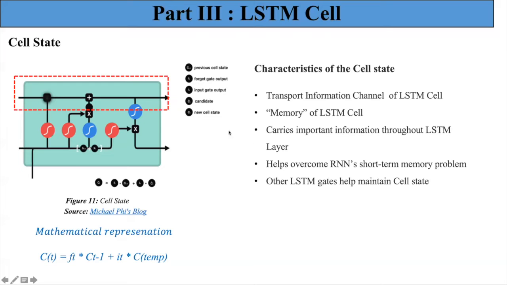Some modification happens, but in terms of relevant information, and it mainly keeps selective memory in the cell state. The mathematical function is represented here, which is nothing but the output from a forget gate is multiplied, and the output from an input gate is added into the cell state. We'll go into those in the next slides.